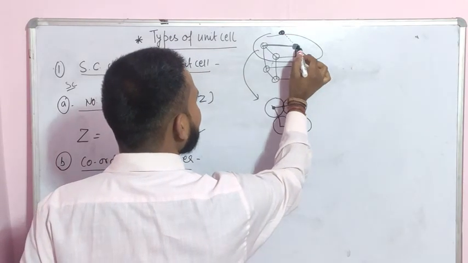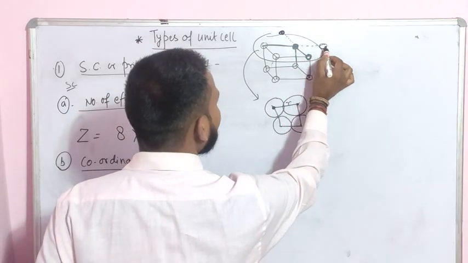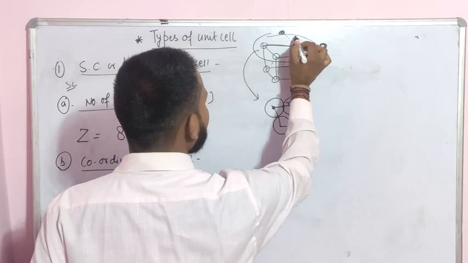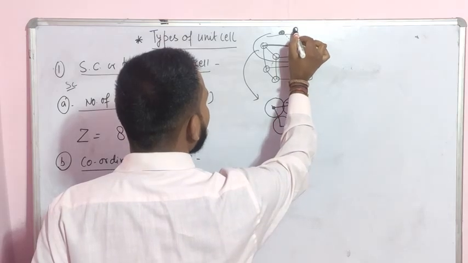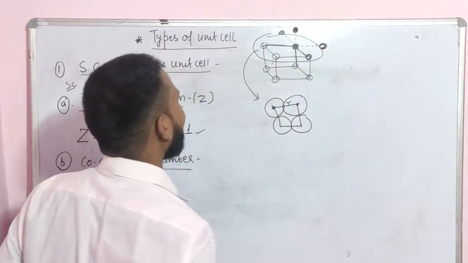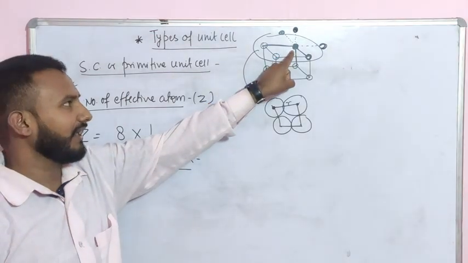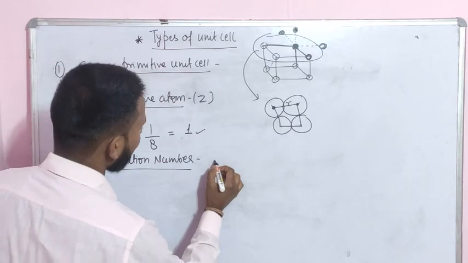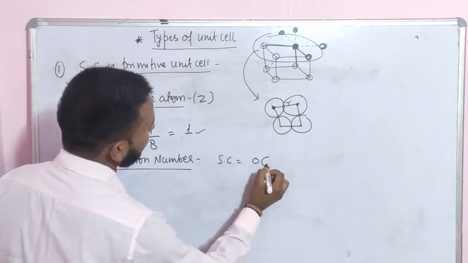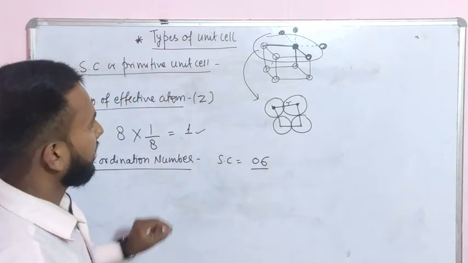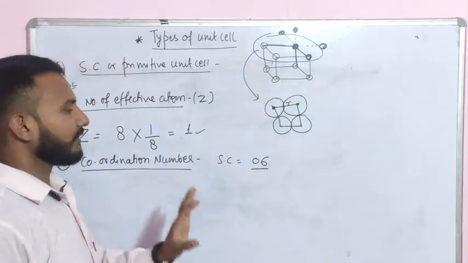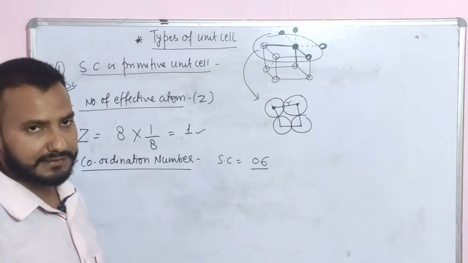So the number of nearest touching atoms for this atom will be 6. So the coordination number for simple cubic is 6. Similarly, all the atoms are identical, so for every atom the coordination number for simple cubic will be 6.